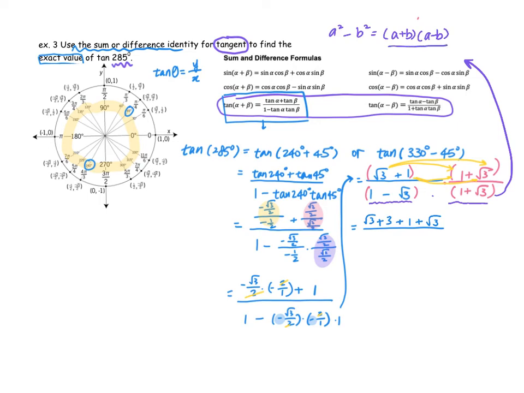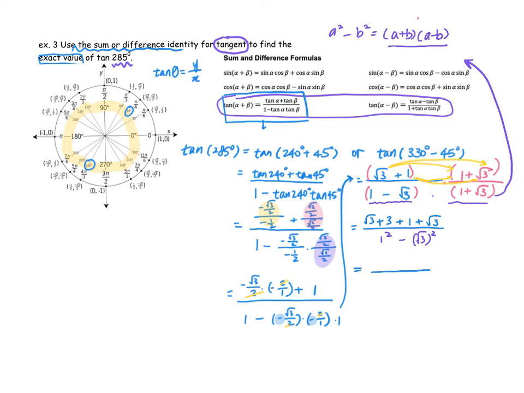We have a plus b and a minus b, 1 minus radical 3 times 1 plus radical 3. So all we need to do here is 1 squared minus radical 3 squared. Difference of squares. Okay, now I think we are getting rid of the radicals in the denominator.